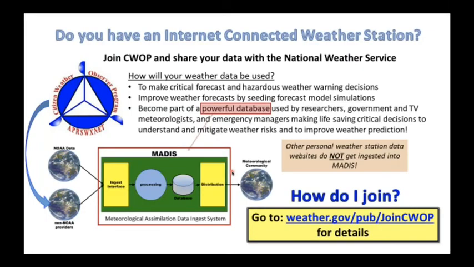And the shameless plugs of us trying to get better data. So if you have a weather station that you have connected to the internet, go to weather.gov/pub/join CWOP. This is how we can get better surface data so we can make better forecasts. So right now, let's just say, for example, in Creede, Colorado, which is a high mountain valley located in the La Garitas, I forget which county it is in, I think Mineral County.